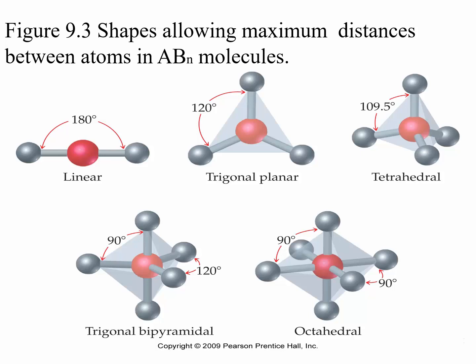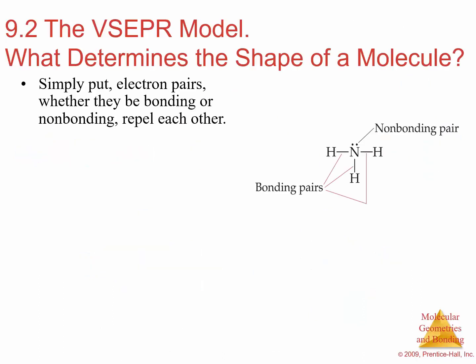Neither trigonal pyramidal nor bent is shown in this figure, for instance, but Figure 9.4 shows how we can arrive at these shapes by removing atoms from the tetrahedral shape. Okay, now, why do many ABn molecules have shapes related to those shown in that figure, and can we predict these shapes?